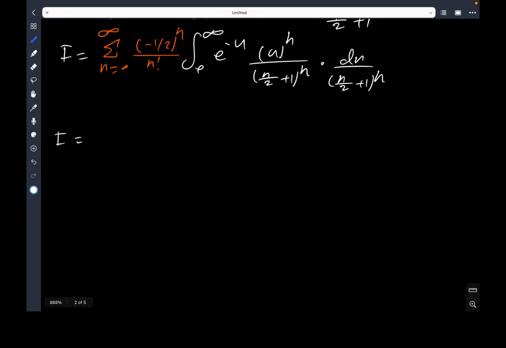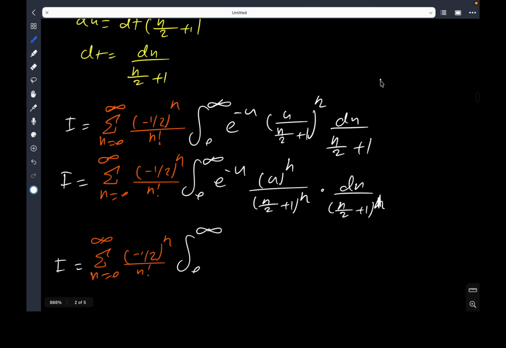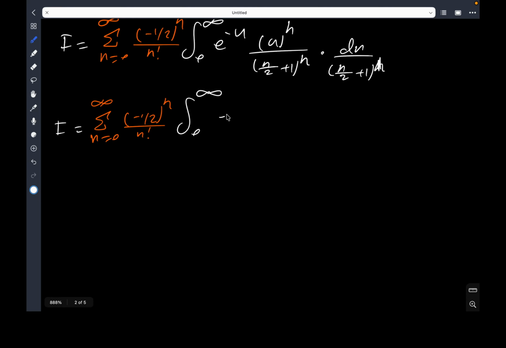Thus I equals the infinite sum from 0 to infinity of (-1/2)^n over n factorial, times the integral from 0 to infinity of e to the negative u, u to the n du over (n/2 + 1)^(n+1).